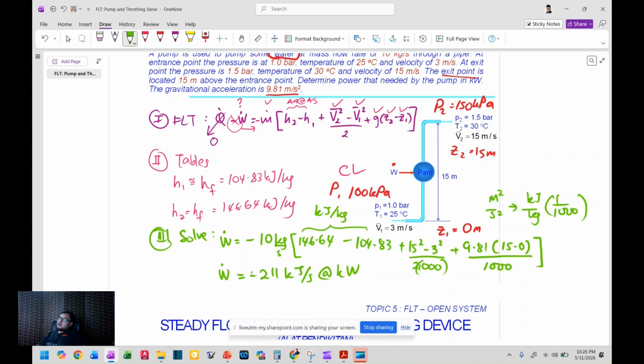So that's why you have a negative value here. So hopefully that one makes sense, yeah? Because a pump needs power, right? And the power is exerted on the fluid. And that's why, based on our convention, where positive energy is work done by the fluid, this is the other way around. Work is being done to the fluid by the pump. Okay. All right.